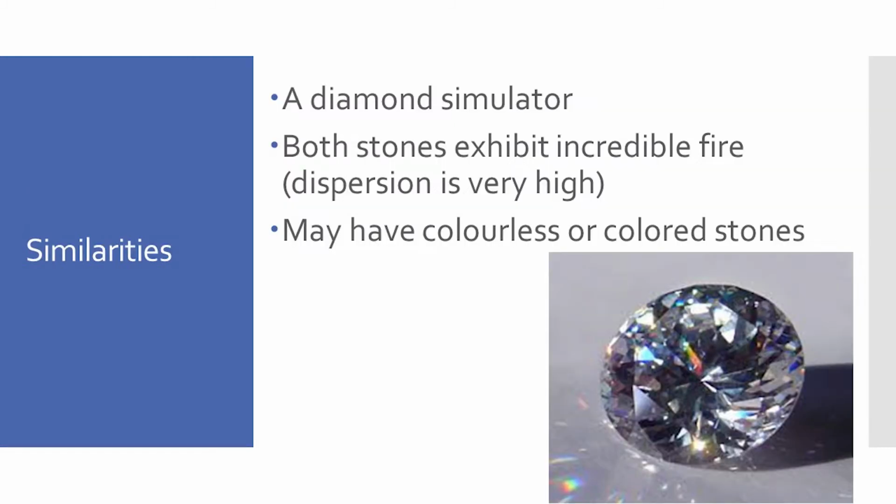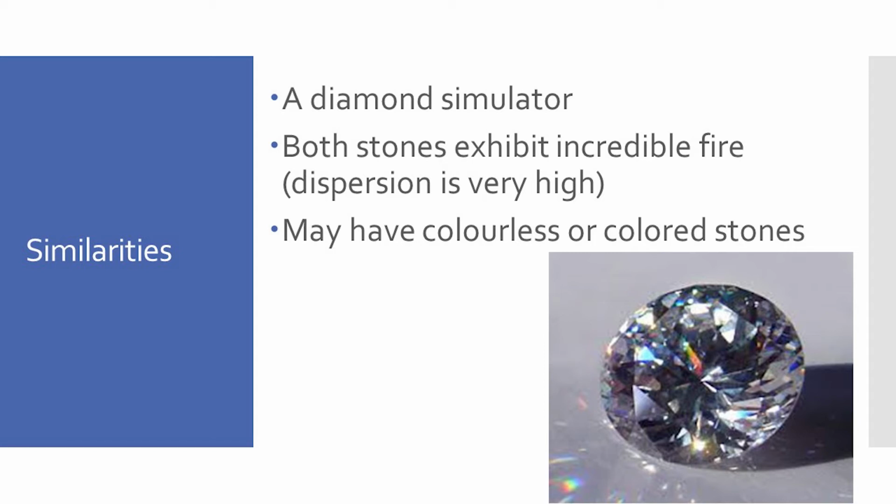Then we will move to the similarities between cubic zirconia and zircon. The first one is that they are diamond simulants. Both of these gems are considered diamond simulants, and both stones exhibit incredible fire because of the high dispersion.